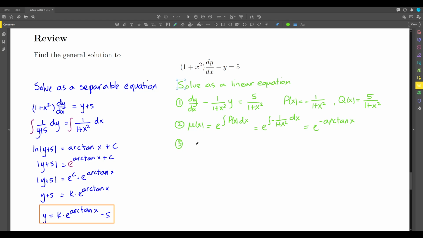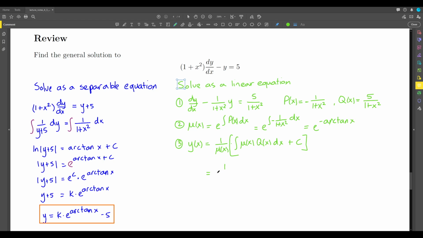So the final step then is to solve y(x) as 1/μ(x) times the integral of μ(x) q(x) dx plus a constant of integration.